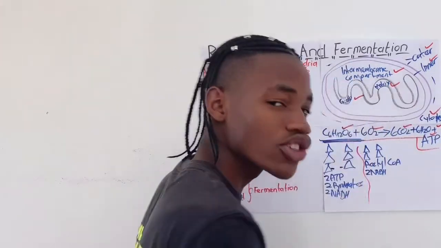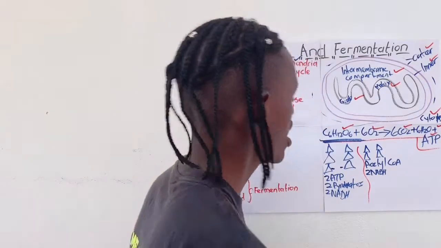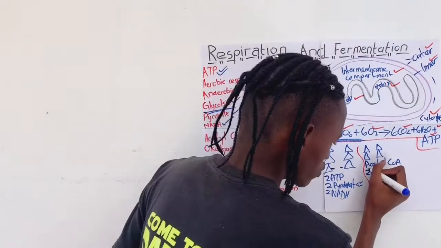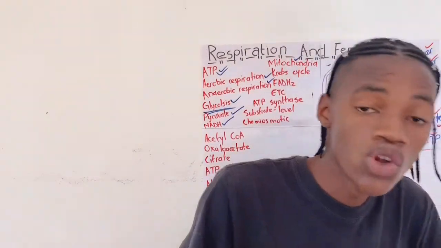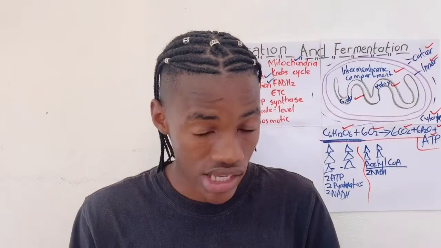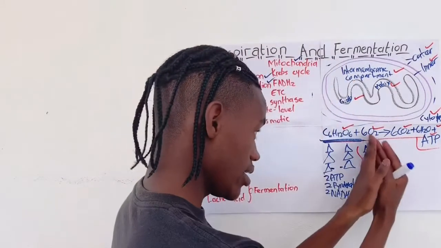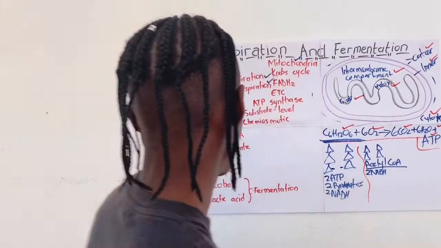And in the matrix is where the Krebs cycle occurs. In the Krebs cycle, the acetyl CoA sheds and loses its coenzyme, right? So now it is just 2 carbons.